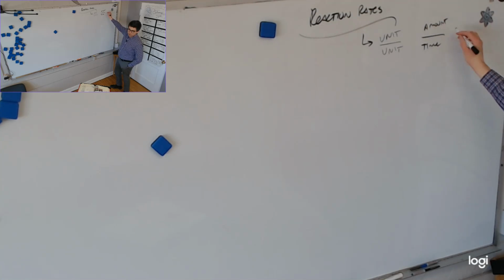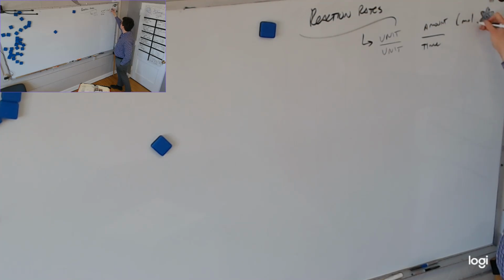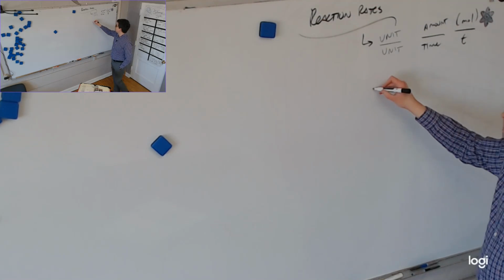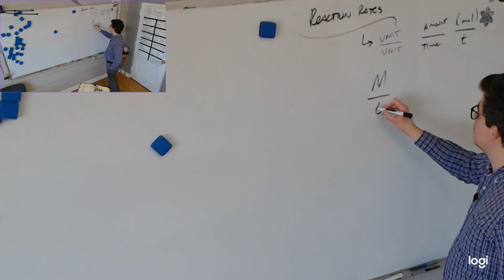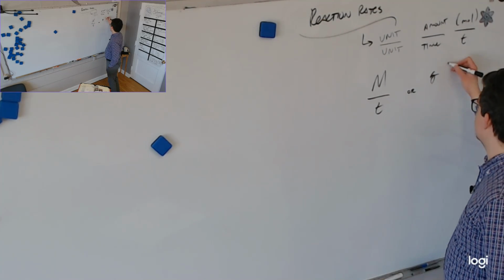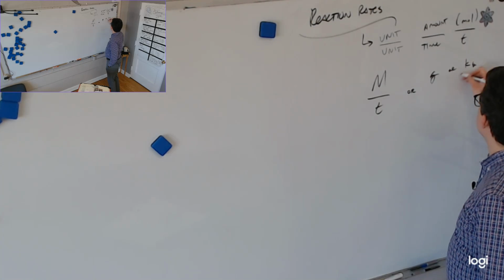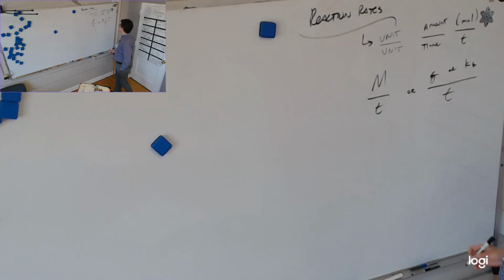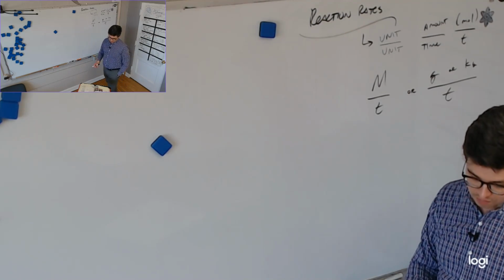When we say amount in chemistry, we almost always mean moles. But since that's kind of difficult to measure, we usually measure it in molarity per unit time, or grams or kilograms per unit time. So it's either molarity per unit time or mass per unit time.